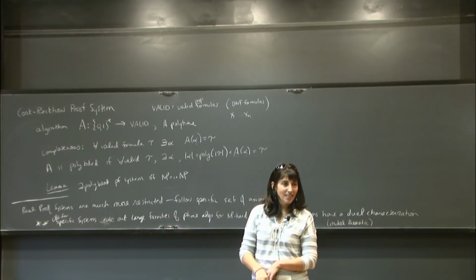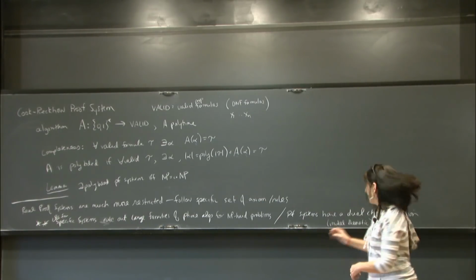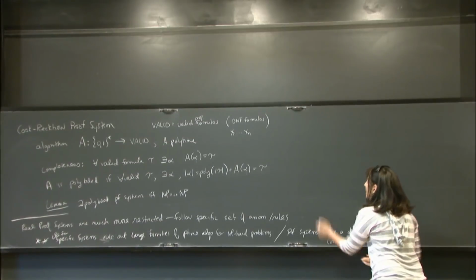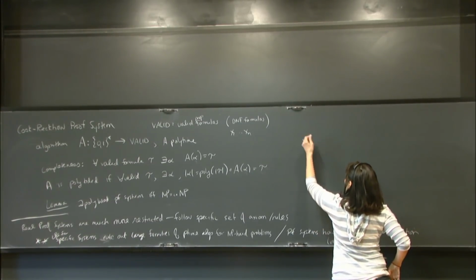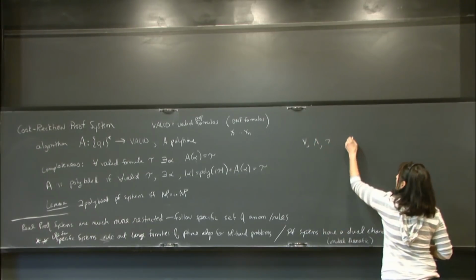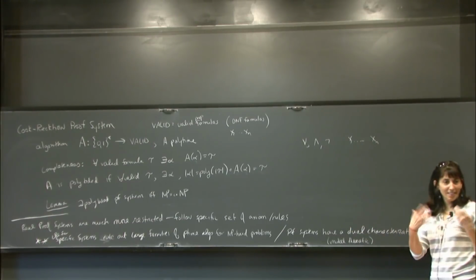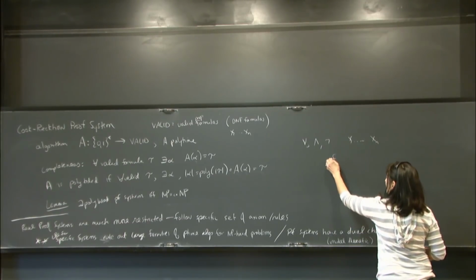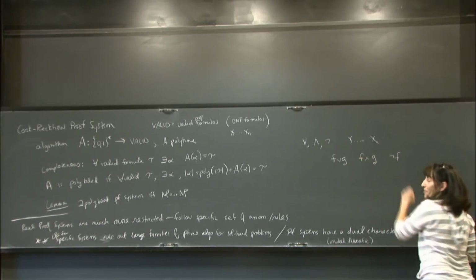Propositional means what? That it has no quantifiers? Pardon me? What does it mean that the formula is propositional? Oh, I'm sorry. A propositional formula is just, the standard one is over binary and, or, not. The variables are formulas, and by inductive definition, if F is a formula and G is a formula, then F and G is a formula, F or G is a formula, and not F is a formula.